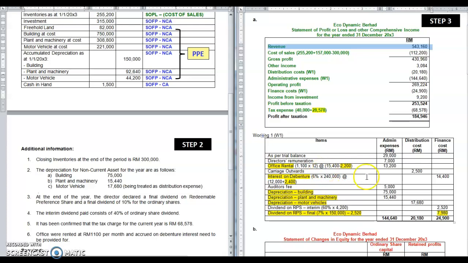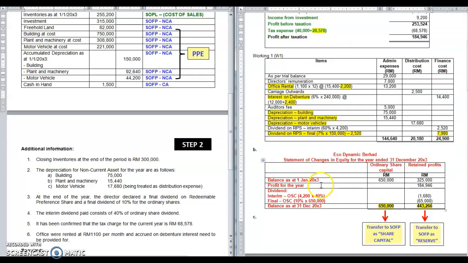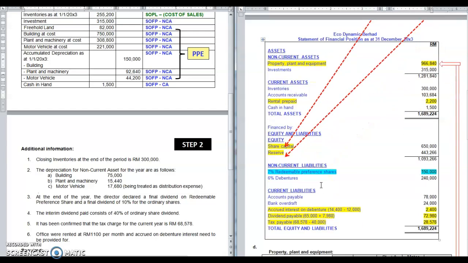As for the double entry, you have to record it in another entry, which is in the statement of financial position. Since it is an accrued expense, it is categorized under current liability. Therefore, accrued interest on debenture. Also, the office rental does not fall under accrued. You have overpaid it, right?